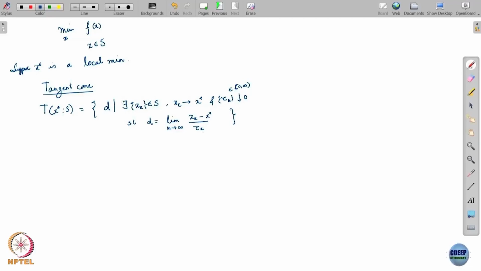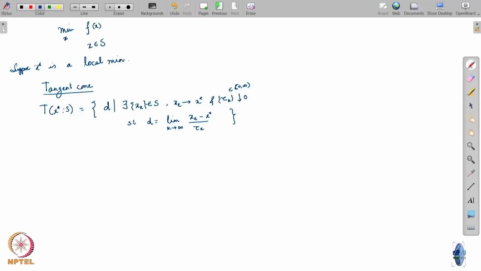Before we see what this set actually means, can you make a few simple observations? Do you see that this set, the tangent cone T at x star of S, must be a cone?